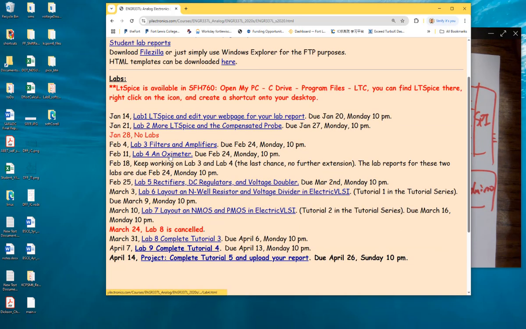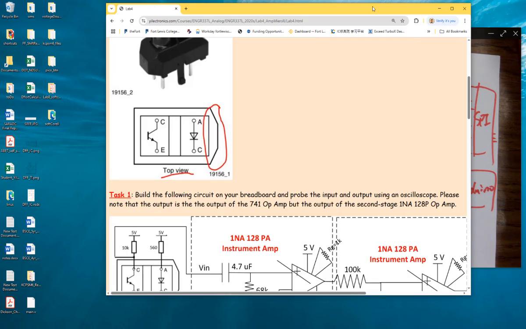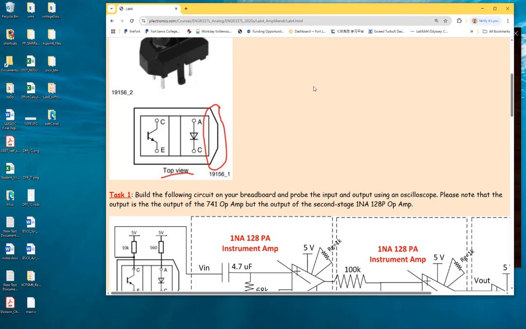We did an oximeter a few years ago in analog labs. So you know how the oximeter works. It's detecting your pulses at the fingertip, a little clip in the hospital, and eventually can detect your heart rate.